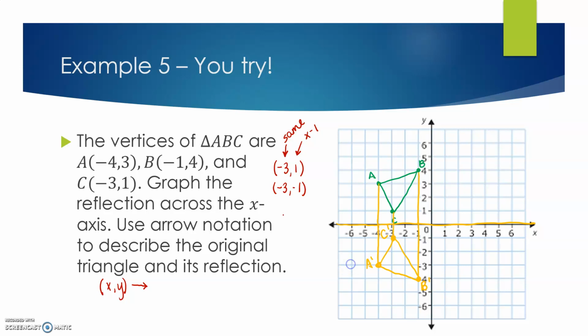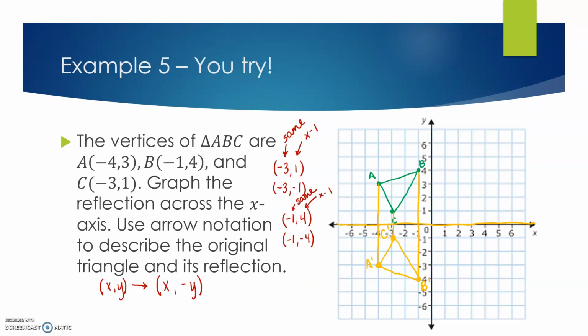Let's check with B. We've got (-1, 4) for the original, and the image is at (-1, -4). Those are the same. So our rule is that x stays the same, and y is the one multiplied by -1 this time.